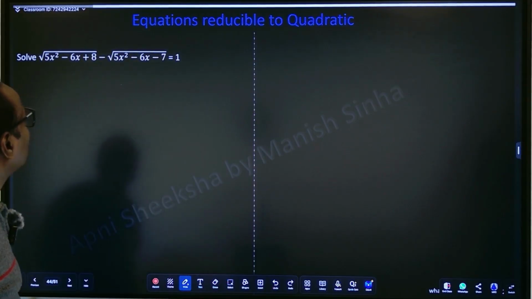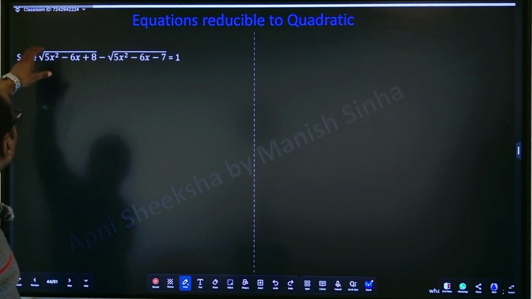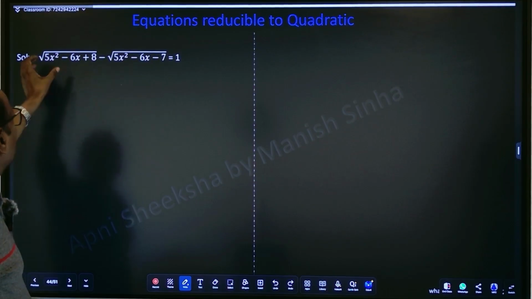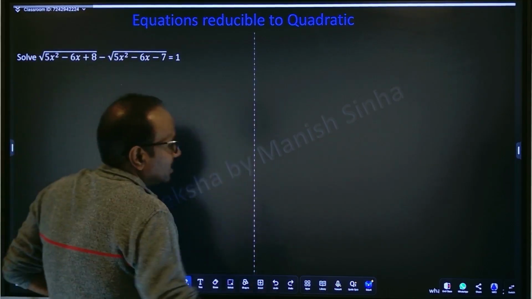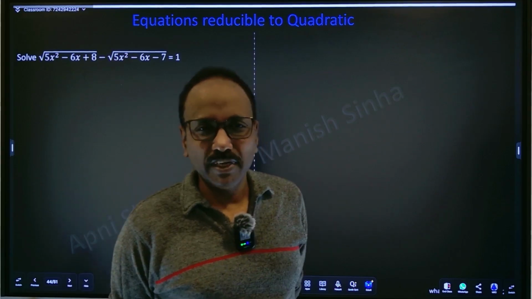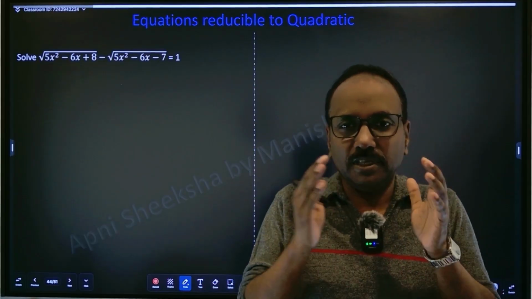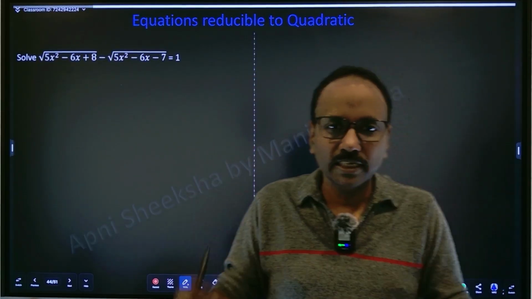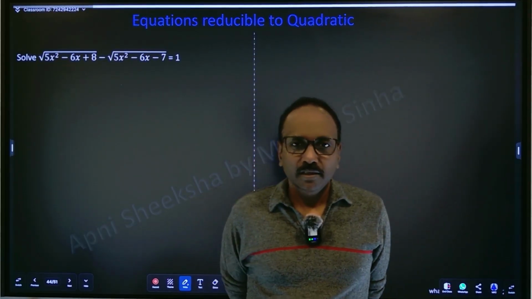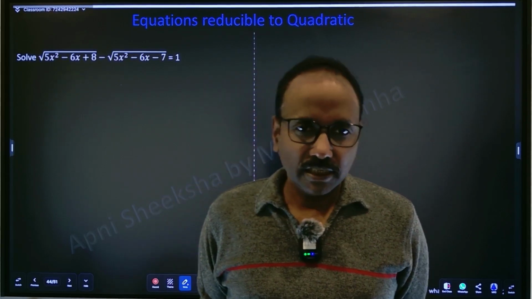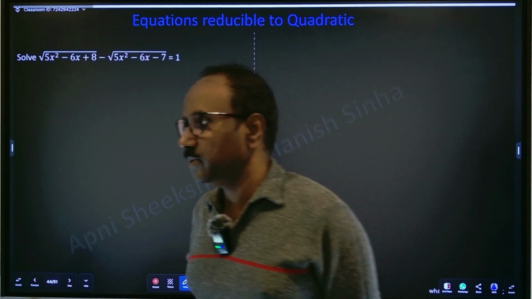Now you think that if you square LHS and RHS, then the expression which will come out of it will be very cumbersome, and when the expression becomes very lengthy and cumbersome, the high probability is that you can make a mistake. So best is to reduce this to a simple equation first.